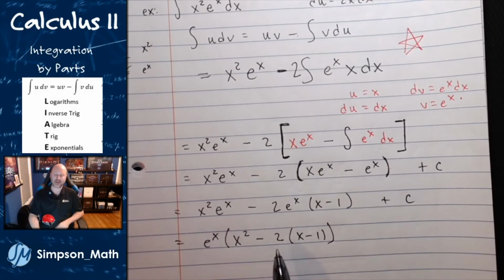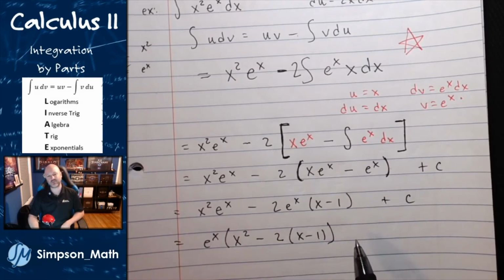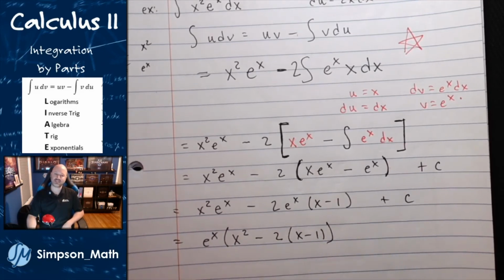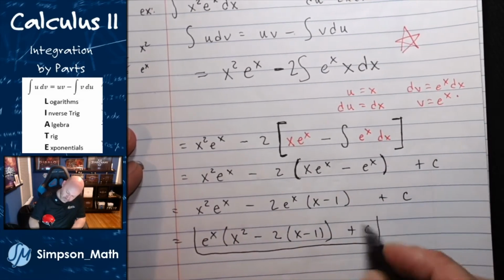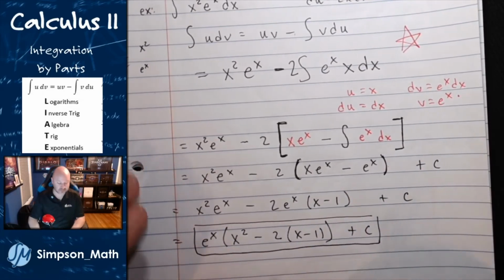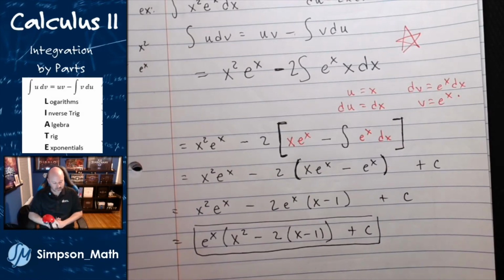I could call that minus 2x plus 2, or I'll just leave it like this. Fully factored, I guess. All right. Let me check my notes, make sure I did that one correctly. Yeah, in my notes, I distributed the -2, but that's the same thing.